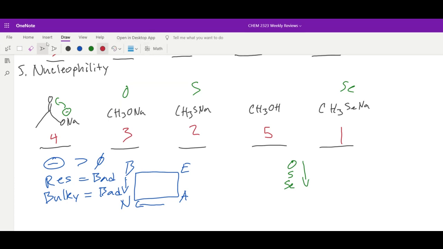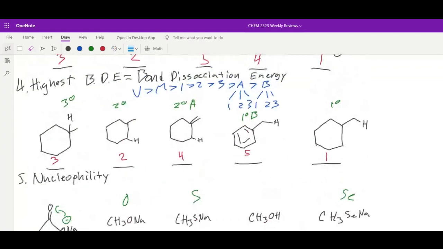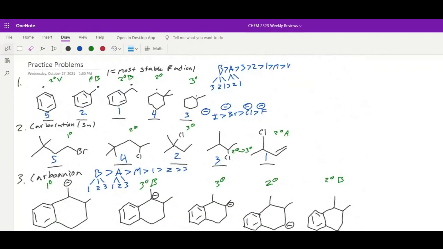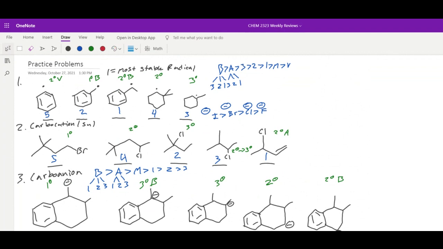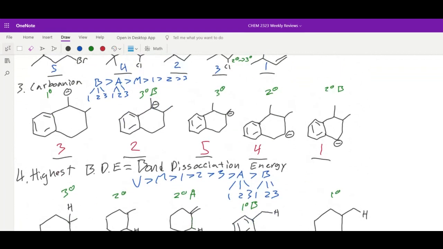All right. Let me try to go back. I don't think I can zoom in because these are pretty big as is. So I'm just gonna scroll through all the ranking problems before I get into the reactions. So there's 1 and 2. There is 3.